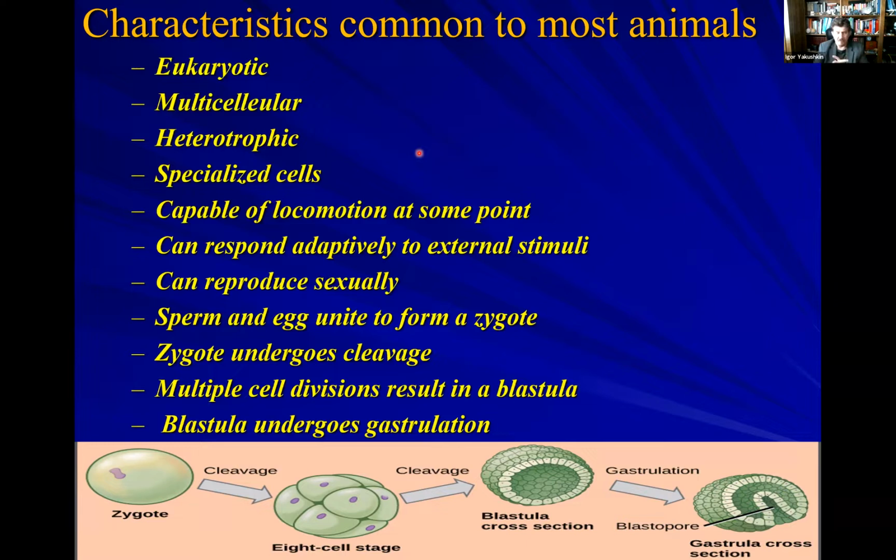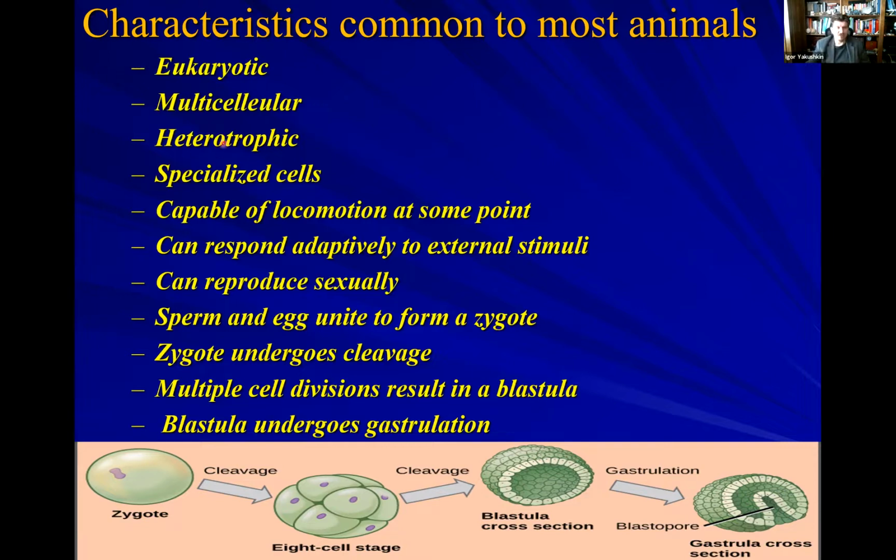Now, they are multicellular. So remember, if it looks like an animal, but it's a single cell, it's automatically a protist. All of the animals have more than one cell. In some cases, it's literally like 100 or so cells. In some cases, look at the human being, 100 trillion cells, but still a multicellular organism.